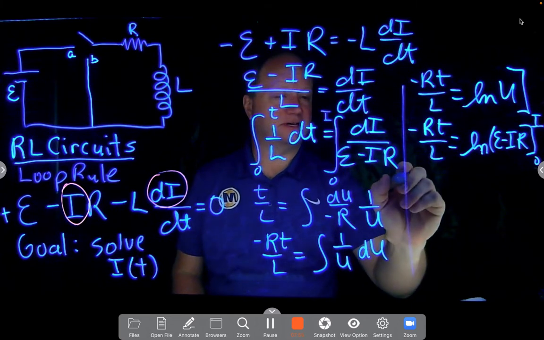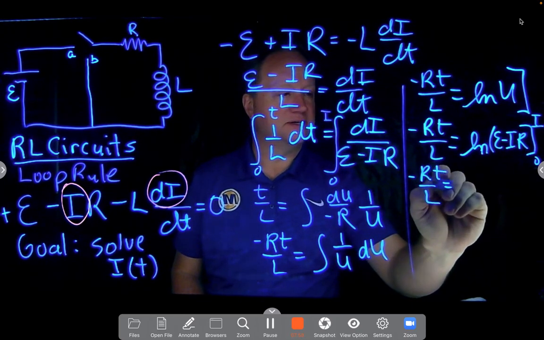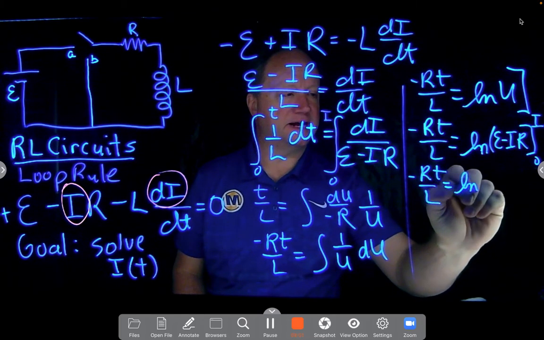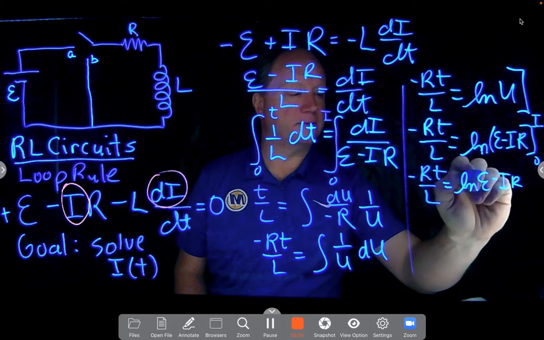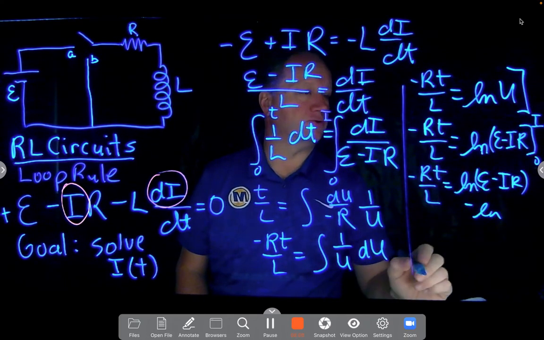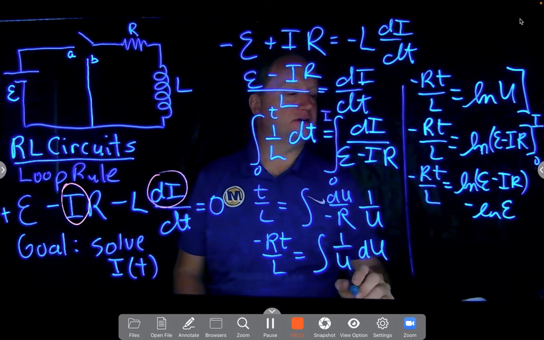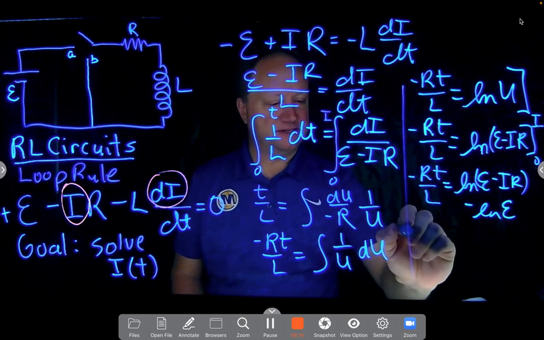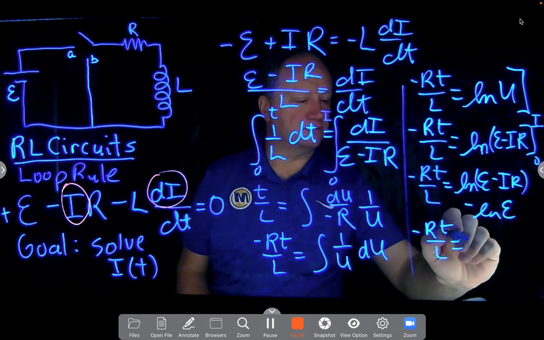So now if we plug in, negative Rt over L is going to be natural log of E minus IR minus the natural log, when we plug in 0 for I, we're just going to get natural log of EMF. The difference of two natural logs is going to be the ratio.